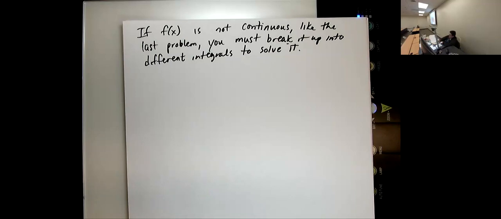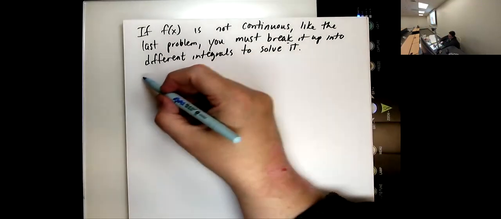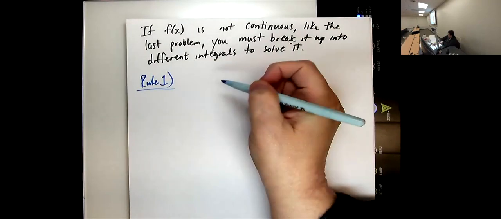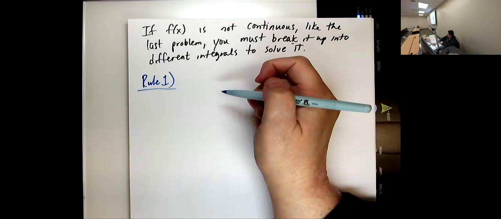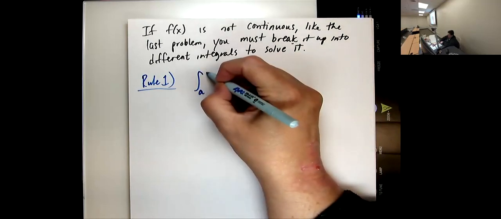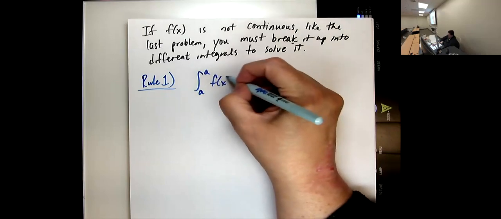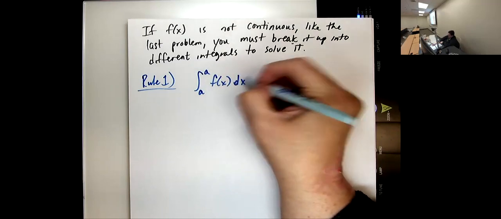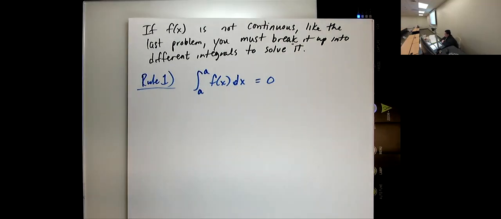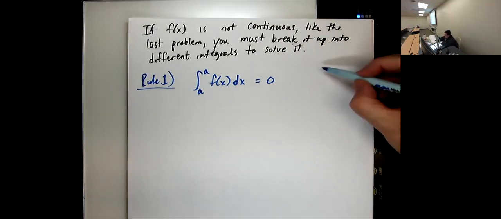Okay, a couple rules to live by. Rule 1. The first rule of Fight Club is there is no Fight Club. If we integrate from a to a of f of x dx, this equals 0. A to a means we have no width.